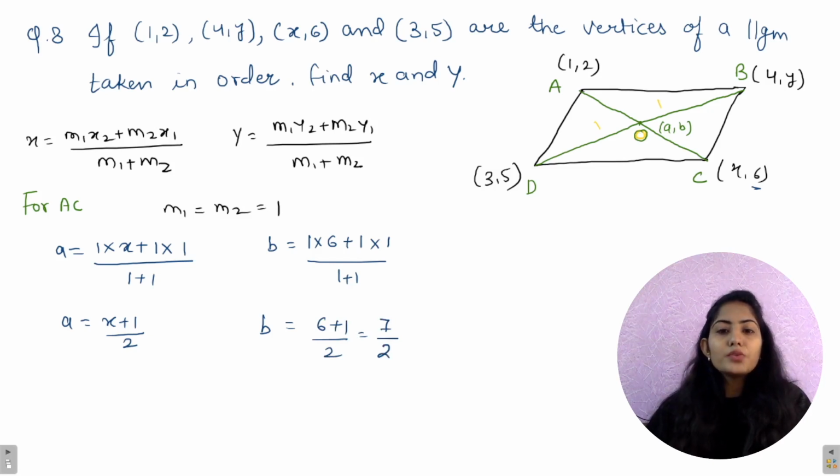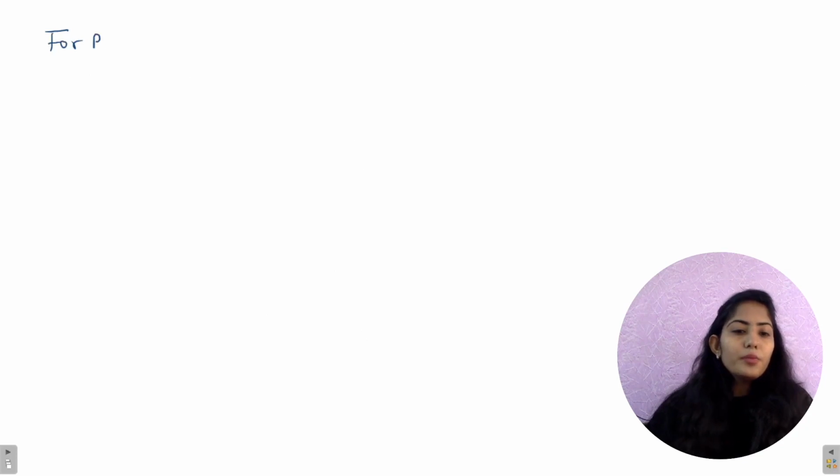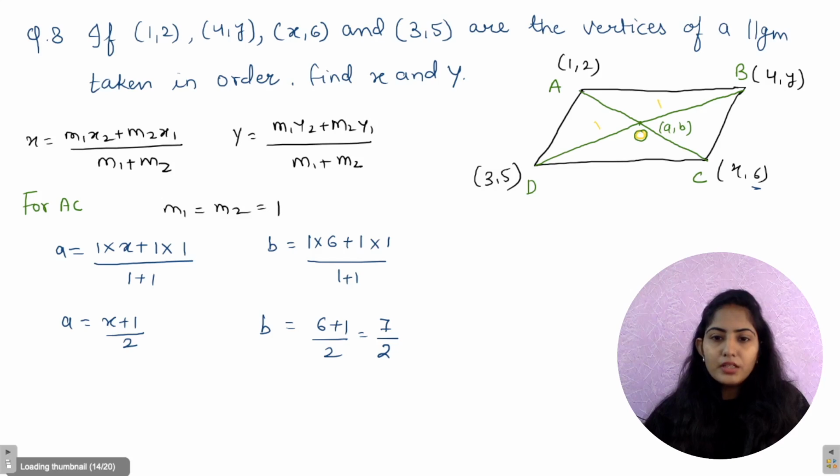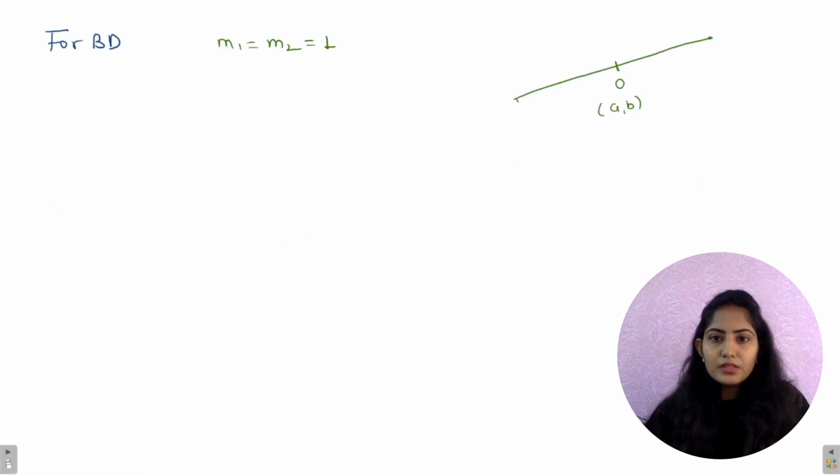Now come to BD. For BD again m1 and m2 are 1, and let's make BD here so it will be easy for us. This is the center O, that is a comma b. D is 3 comma 5, and B is 4 comma y.